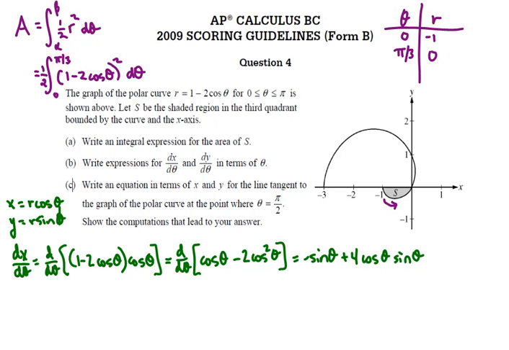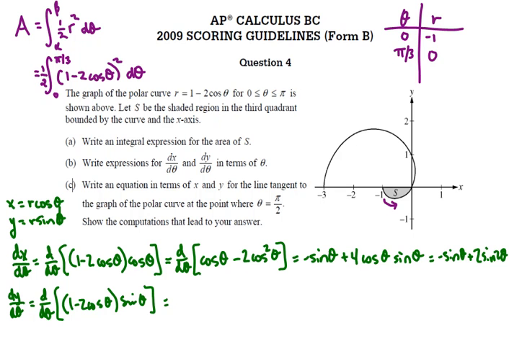That's going to change the sign from negative to positive in front of the 4 cosine theta sine theta. And if I wanted to simplify that, I have the identity 2 cosine theta sine theta equals sine 2 theta. So I end up with negative sine theta plus 2 sine 2 theta.